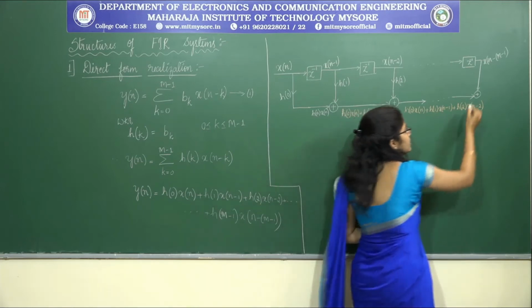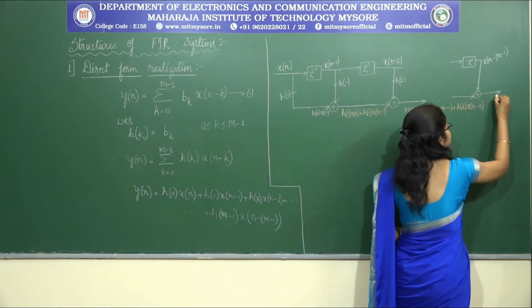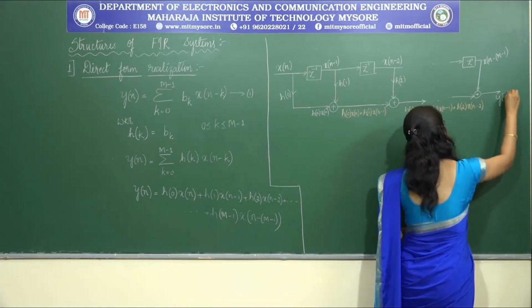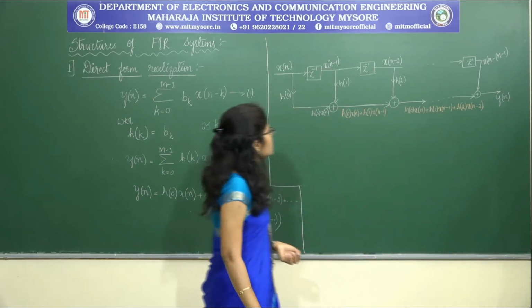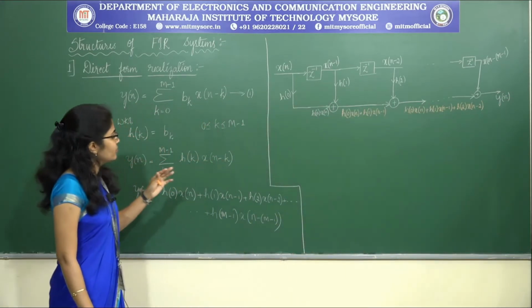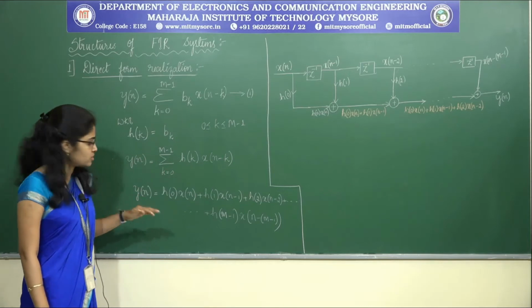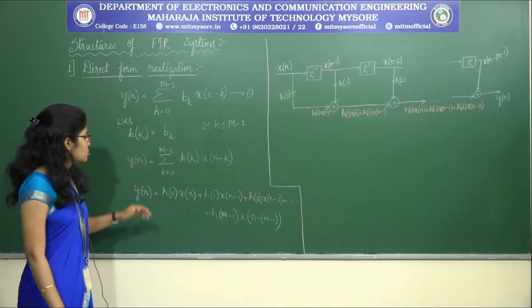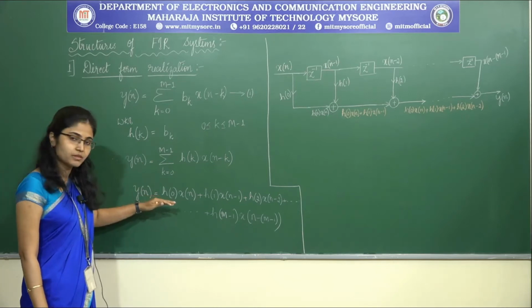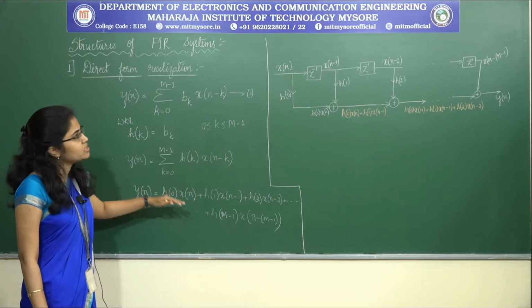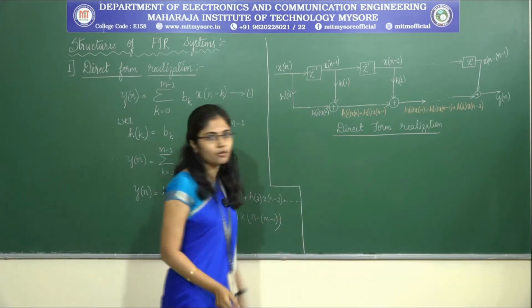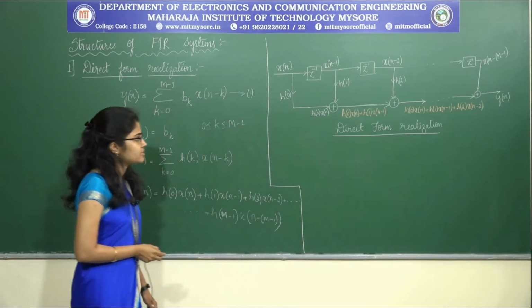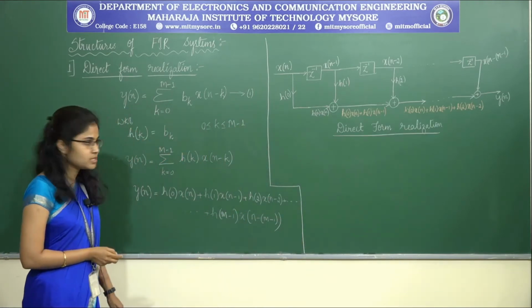And finally the output of this adder is nothing but equal to y of n. So this is how we can draw the direct form structure just by looking into the difference equation of the given FIR filter. So you need to expand the given difference equation, then start drawing. This is how we draw direct form realization with the help of the difference equation.